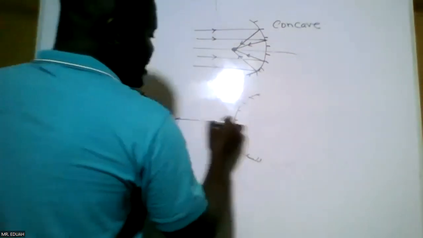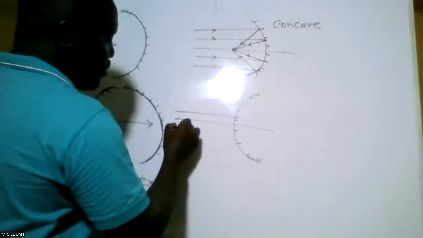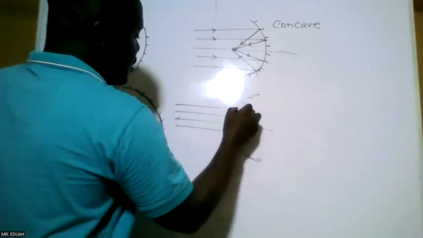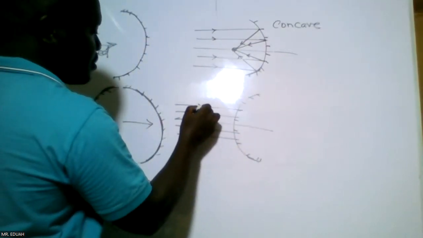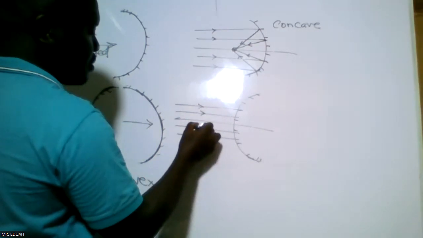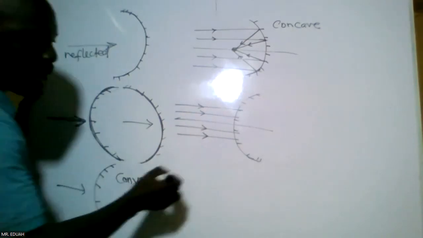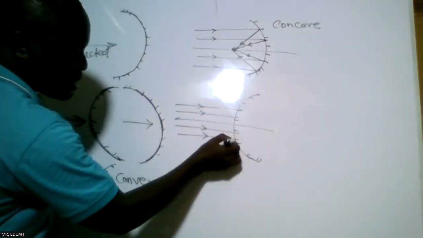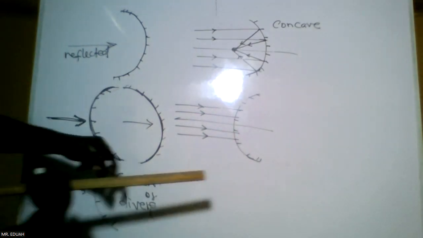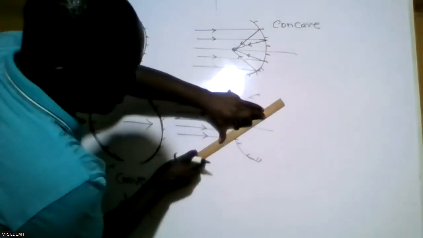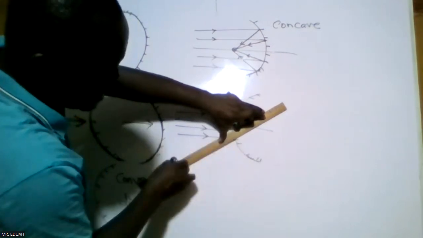So when you incident rays that are parallel to the mirror, parallel rays are diverged. Rays hitting it in that manner are all diverged.